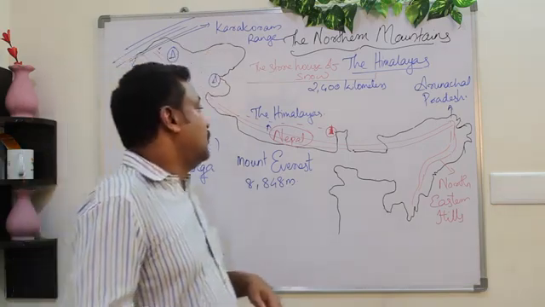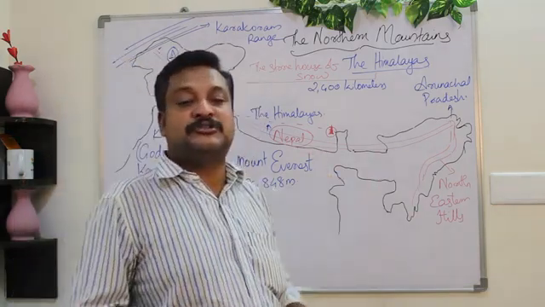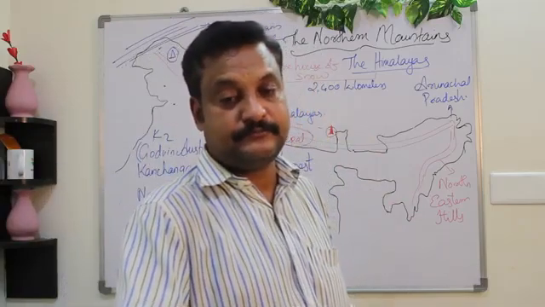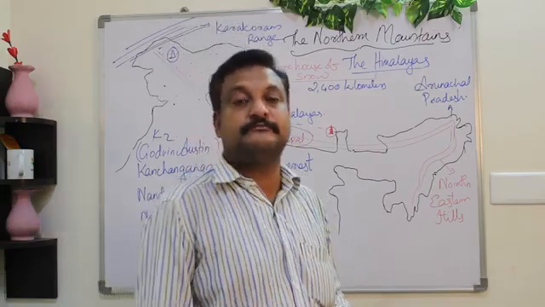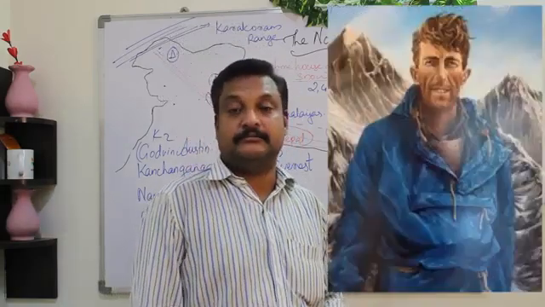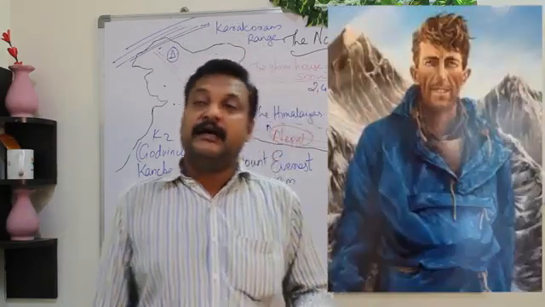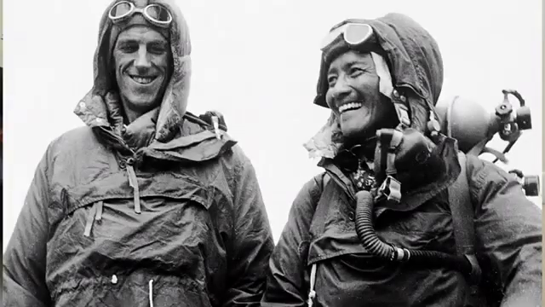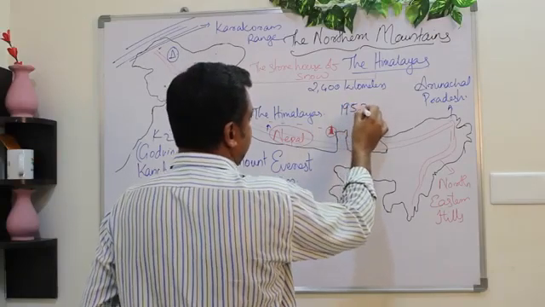Now, who climbed to the top of Mount Everest for the first time? Edmund Hillary, along with the Sherpa called Tenzing Norgay. They were the people who climbed on top of Mount Everest in 1953.